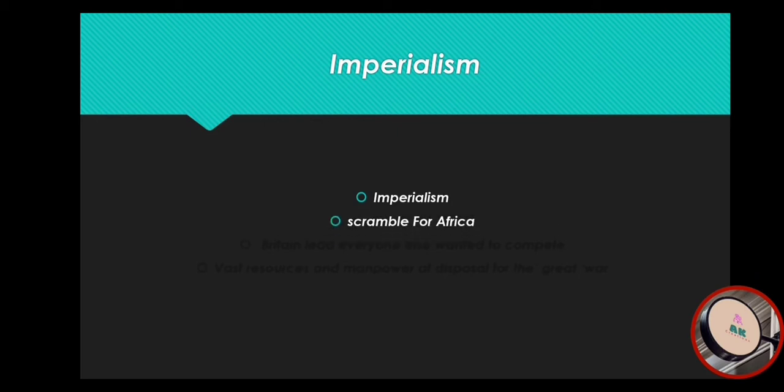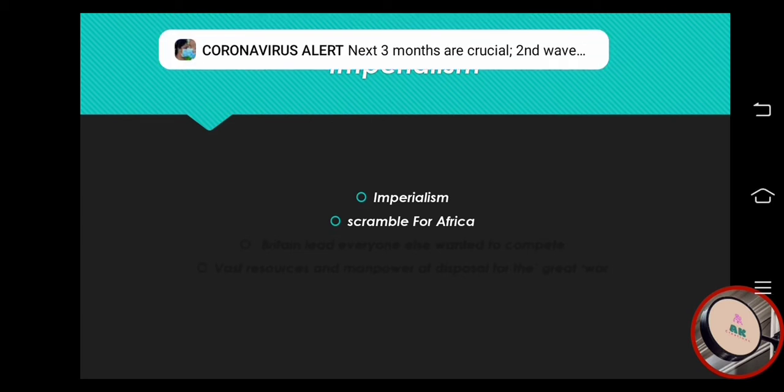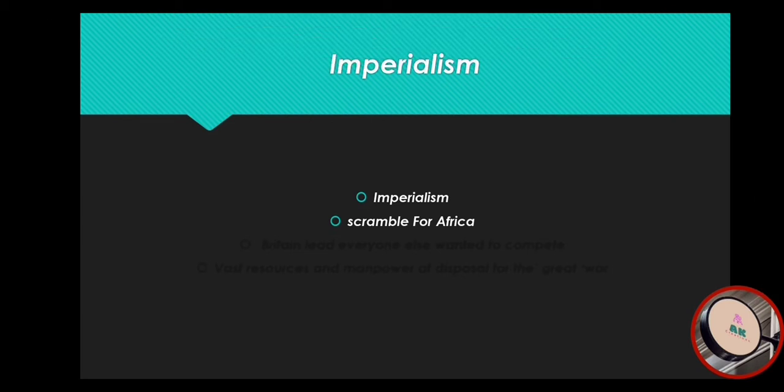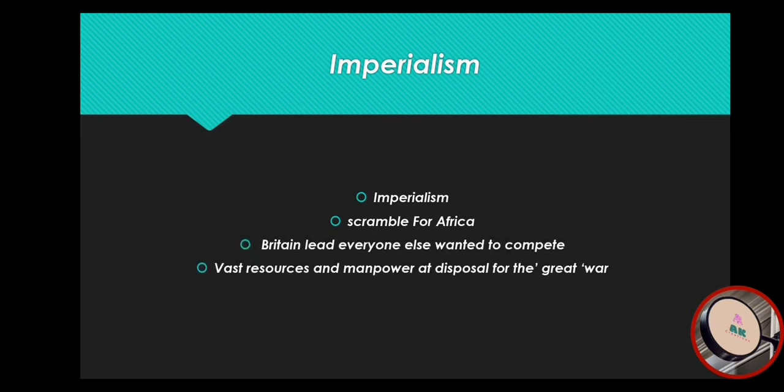Now, the scramble for Africa. At that time Africa was a famous, big country with a lot of places. So what they did was start capturing the main places of Africa. Britain led, everyone else wanted to compete, with vast resources and manpower at their disposal for the Great War. And when they did that, this started the Great War.